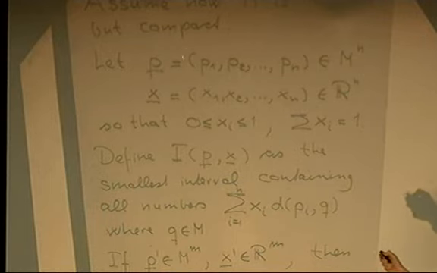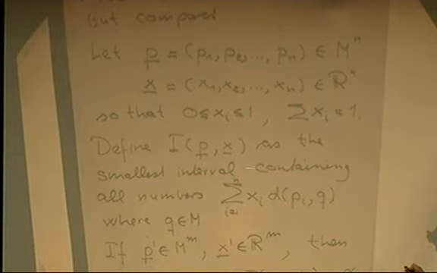So what I do is, I will now look at a vector consisting of points in the metric space. It could have any length, and there could be a lot of repetition. I'm also going to look at, you could say, a probability distribution on these points.